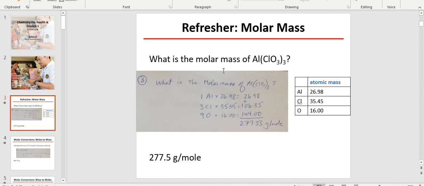This slide here: what is the molar mass of aluminum chlorate? We've been doing this for the past couple weeks.